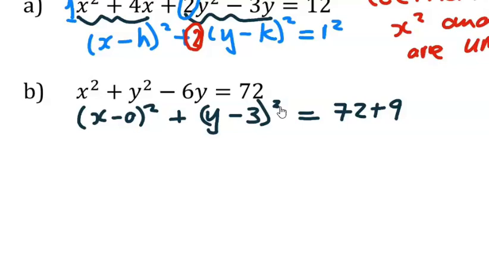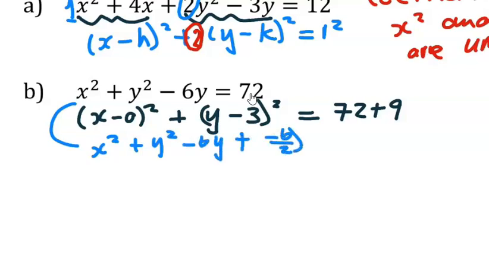In other words, we've skipped a step here where we said x² + y² − 6y + (−6/2)² = 72 + (−6/2)². We've skipped that step. And if you're confident that you won't make a mistake, you can do it like that.